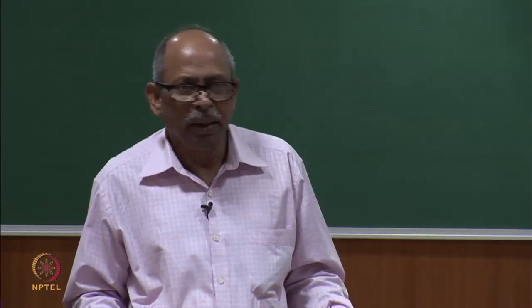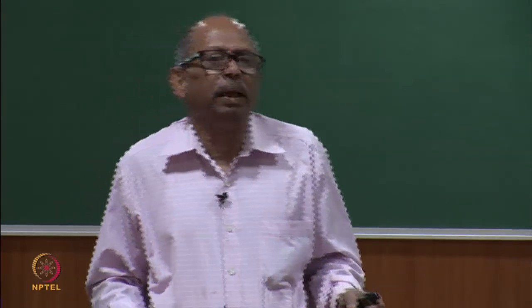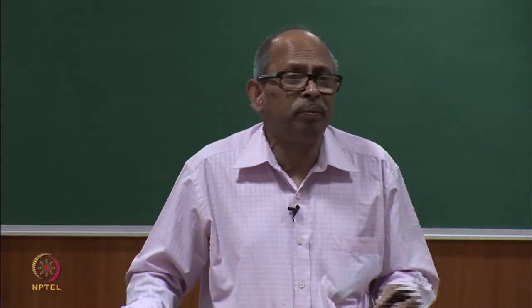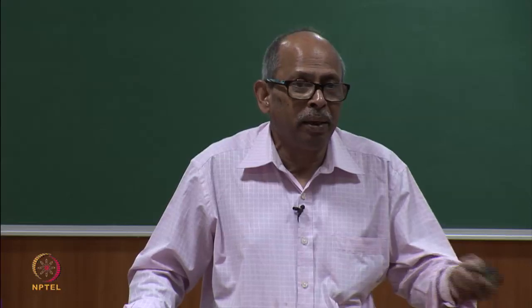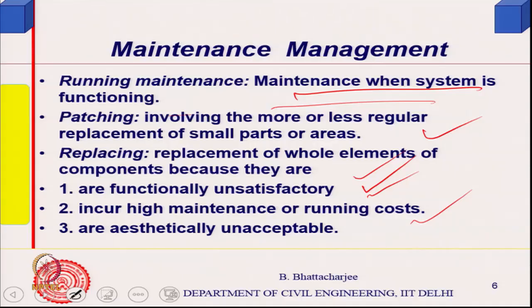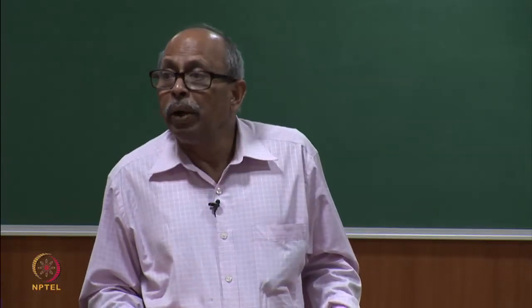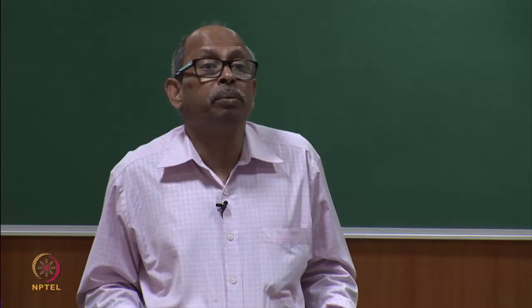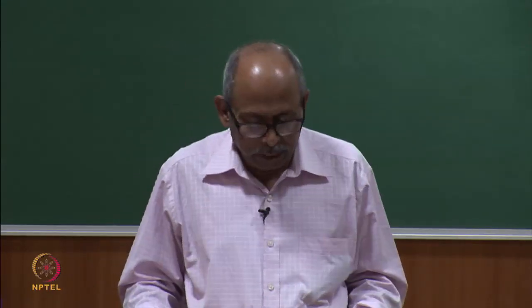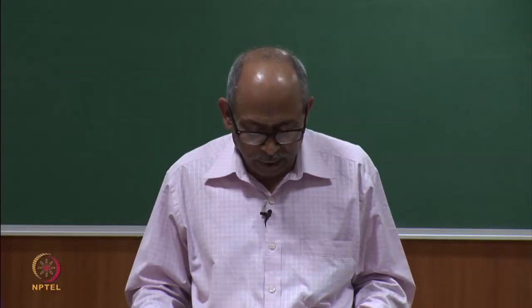In some cases nothing has gone wrong, but I do not like it, or it is not up to the current flooring standard from my level. So, I just change it. So, replacement can happen because of all these cases: it is functionally not performing, or maintenance cost may become high, or it is aesthetically unacceptable. So, this is some of the definitions.